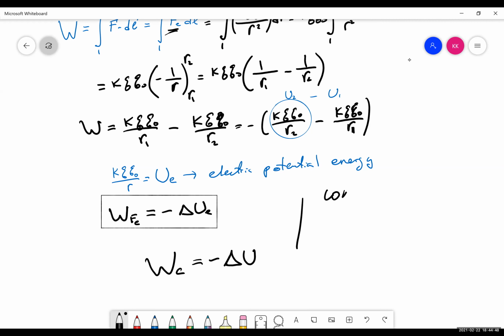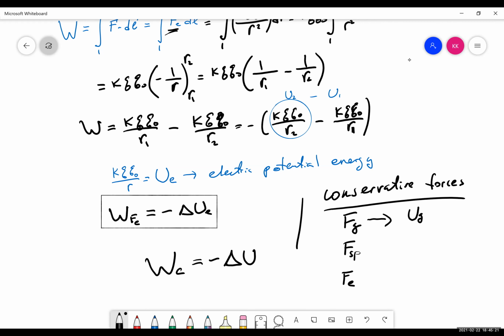Now, let's talk about conservative forces. There are two conservative forces you learned in your mechanics class: the gravitational force and the spring force. Now a new type of conservative force is the electric force. When gravity does work, it affects the potential energy of the system, the gravitational potential energy, which was mgh.